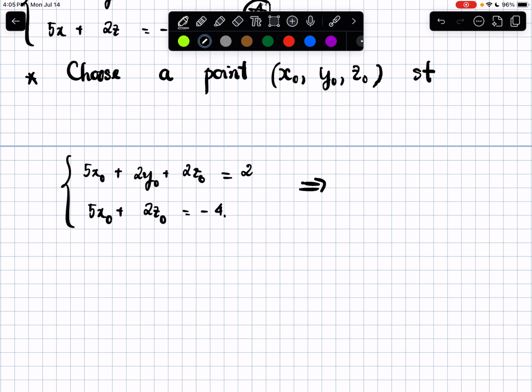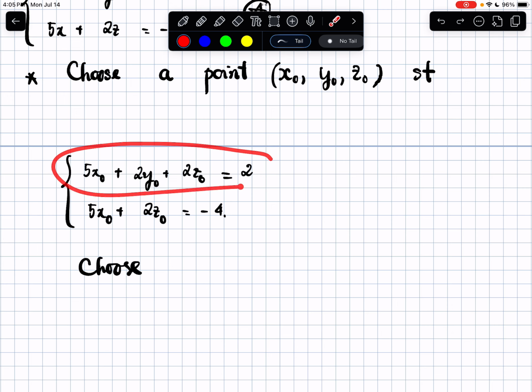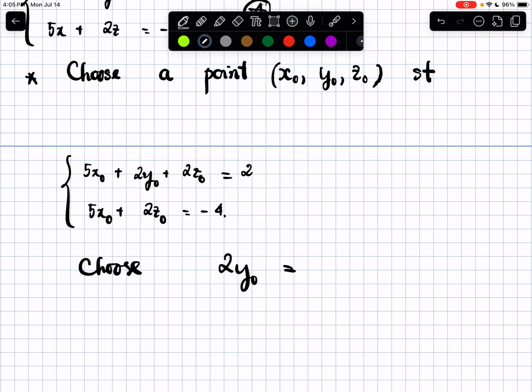So how do we choose that? For example, as we did before, we know for sure y0 must be 3, right? So let's take equation 1 minus equation 2 side by side. We have 2y0 equal to 2 plus 4, which gives us y0 equal to 3.